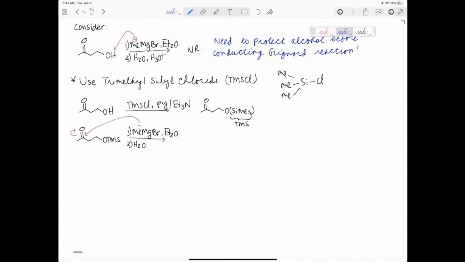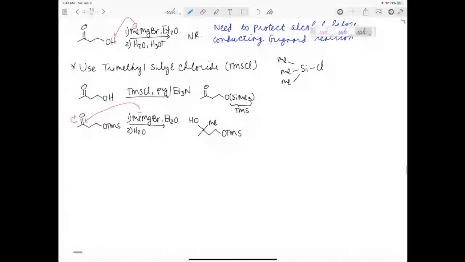It attacks my carbonyl to give me my product, and because I'm adding methyl, I would have this reaction going on. I would be able to successfully form my product, and then I would just have to end off the reaction by deprotecting the alcohol, which means I need to remove the trimethylsilyl part and just revert that back into an alcohol.